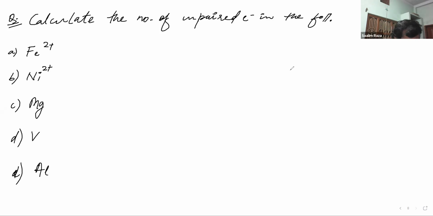Let me know if you want the atomic number of any of them. I'll need the atomic number of V. Vanadium is 23. Others you have done earlier.